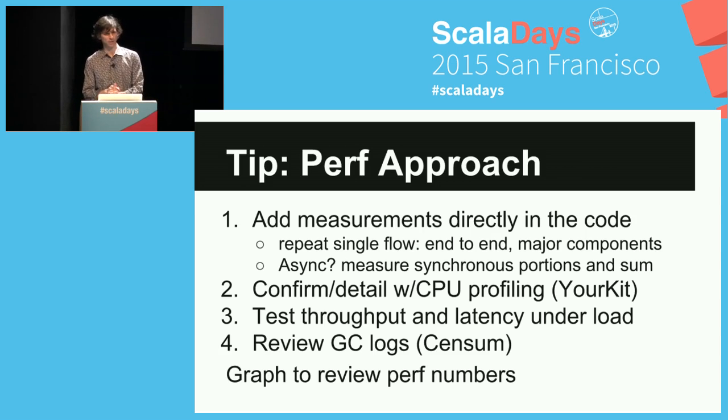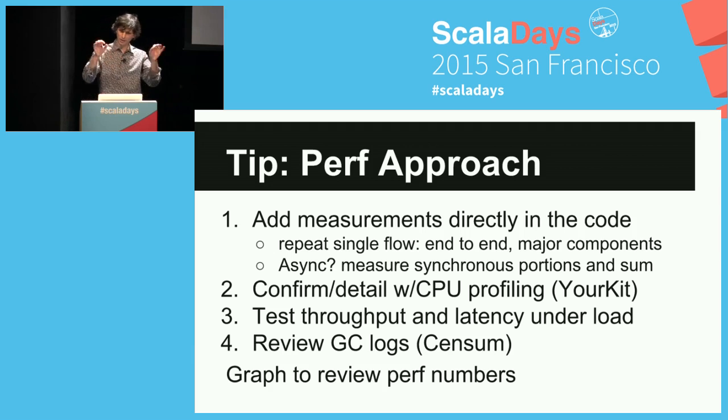First, I add direct measurements right in the code. I want to see, right next to the code that I hopefully understand, how the performance is going to work in the single stream, the single column case. And of course, I have to run that test a zillion times to deal with the JVM overheads.